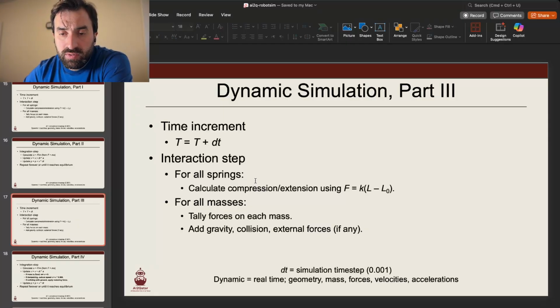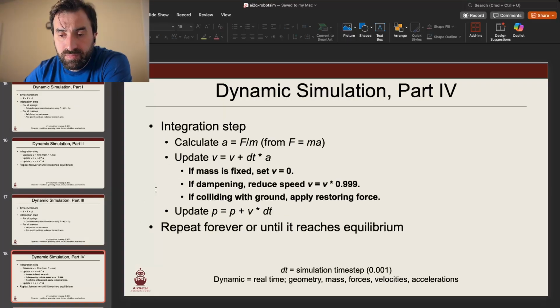The time increment we talked about. We talked about different things. Now, calculate: if a mass is fixed, we set v equals 0 at the beginning. If damping, then you reduce v by multiplying the velocity times 0.999. And if colliding with the ground, apply a resisting force.